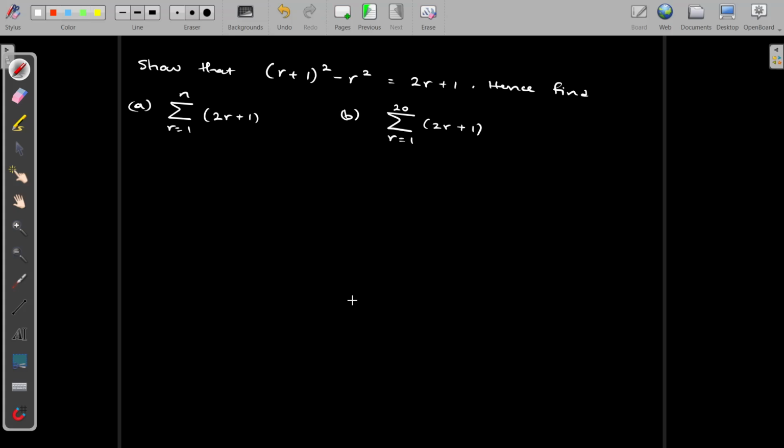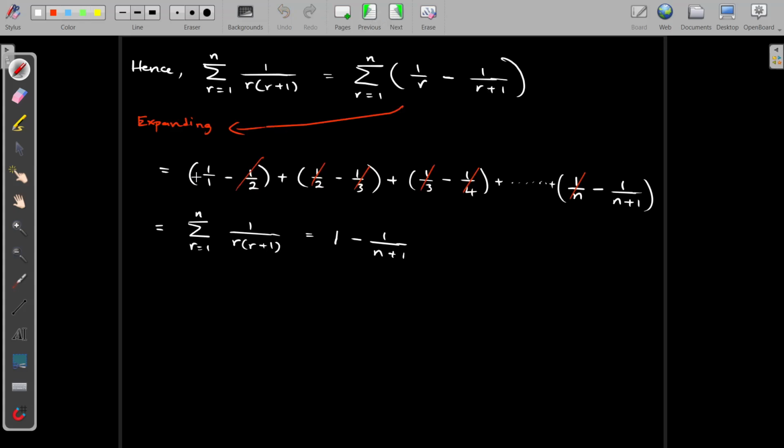Alright, so let's see how we can apply a method of differences to this one. Now this one is a little bit different, and so I guess in the previous part I shouldn't have said that we only keep the first term and the last term, because it all depends on what we notice being cancelled out when we are writing out the terms, because it doesn't necessarily have to be the first term that's cancelled out.